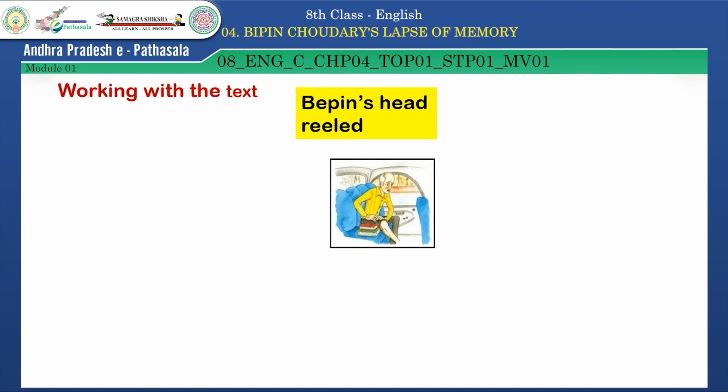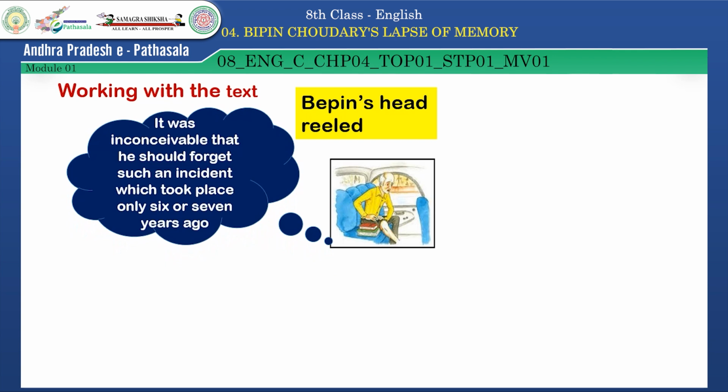Now we will see why Bipin's had feel like anything. After having conversation with Parimal Ghosh, Bipin Babu is thinking, it was inconceivable that he should forget such an incident which took place only 6 or 7 years ago. Oh, how could it happen?